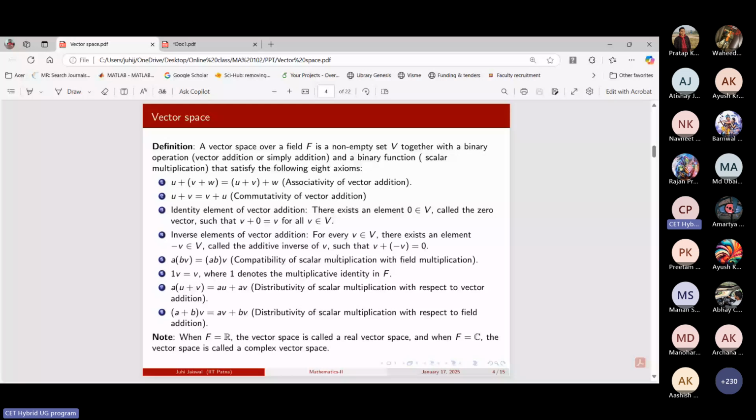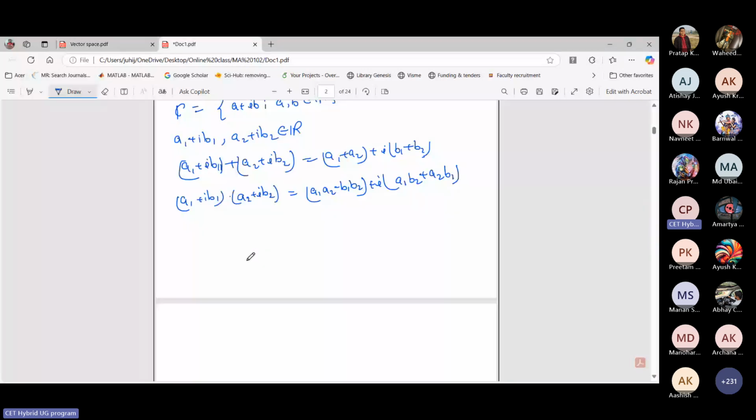First one is known as a binary operation or vector addition, which relates the elements of V to V, meaning it will be defined from V cross V to V. And the second one is a binary function which relates from V cross F to V. Means for a vector space, what things do we need? First, we need a non-empty set V. Second thing, we need a field.